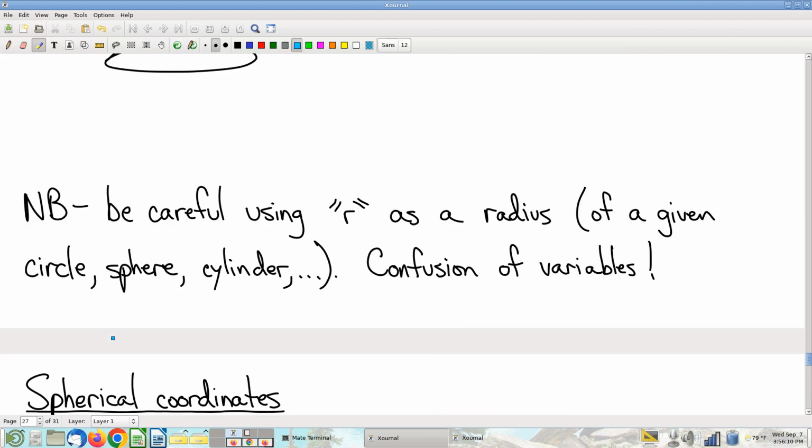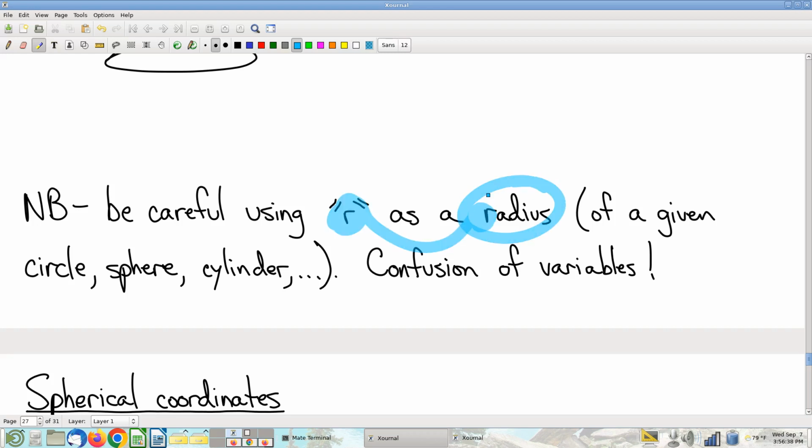Oh, real quick, this is just a heads up. The world's full of round things, right? Cylinders, circles, spheres, they have a radius, and very often you want to give a name to that radius, whatever the constant value is that represents the radius of that thing. It's sometimes tempting to use r to represent the radius.